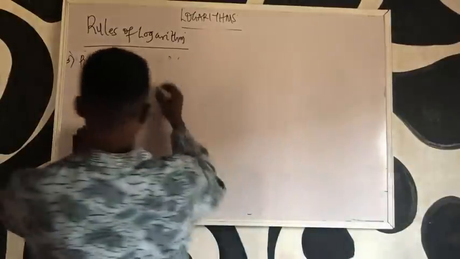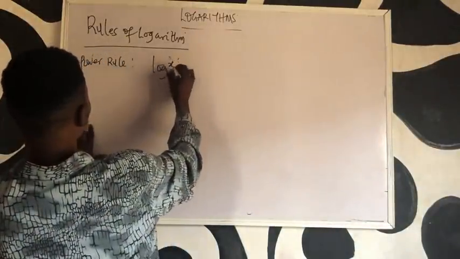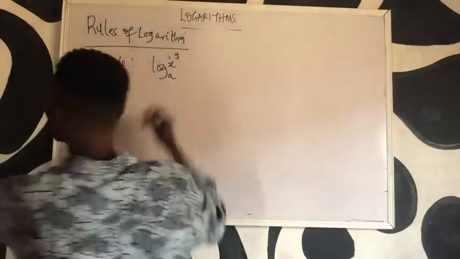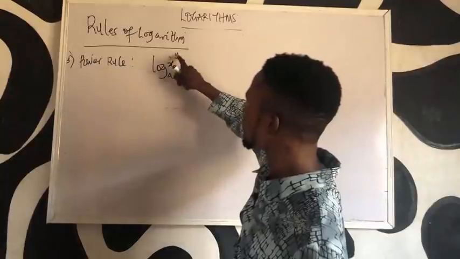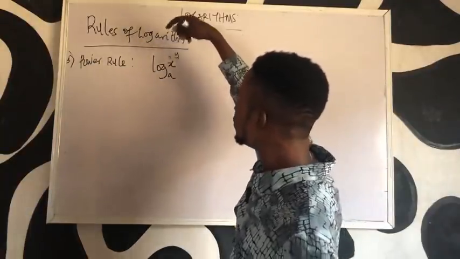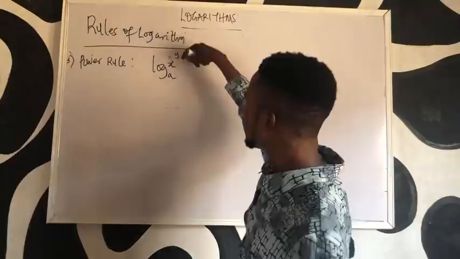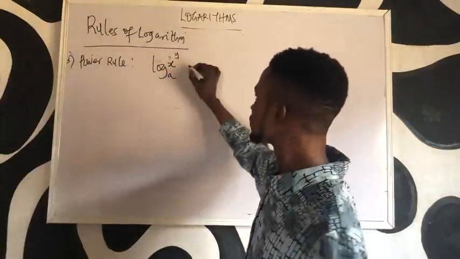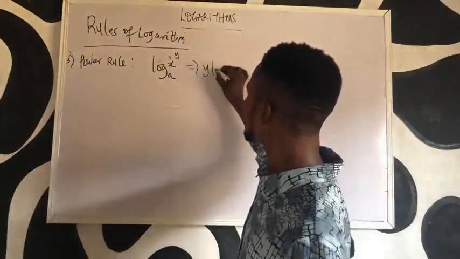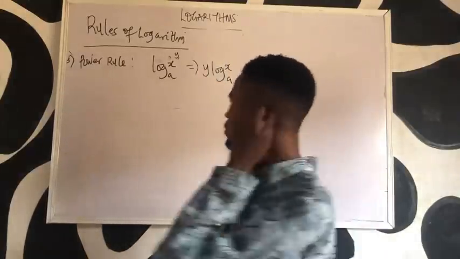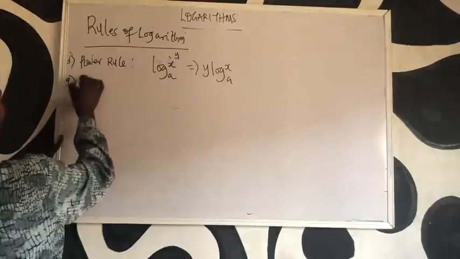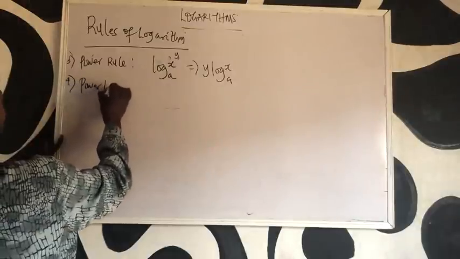The logarithm of a number, log x raised power y base a, is raised to a certain power. The power should multiply the logarithm itself. So we should have y log x base a. That's the power law.